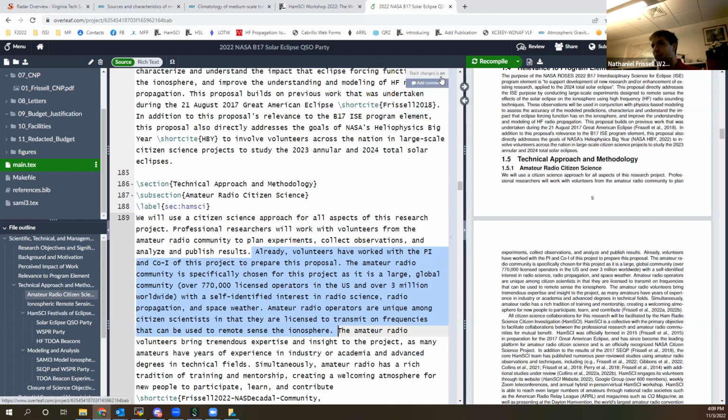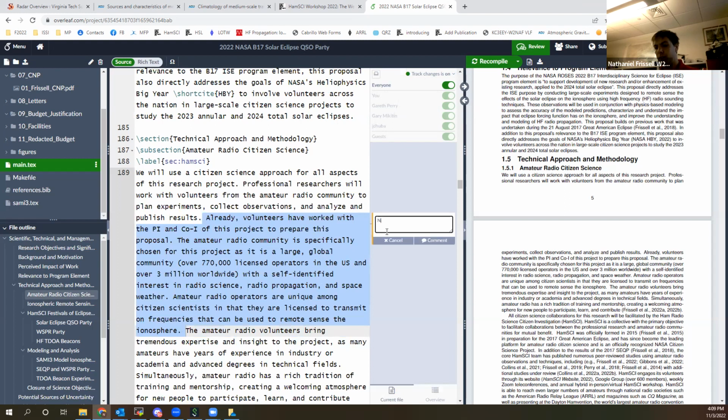Let's see, I have to get my bearings here again. There's add comment. All right, so need better definition of what amateur radio is. Okay, I can put that in.